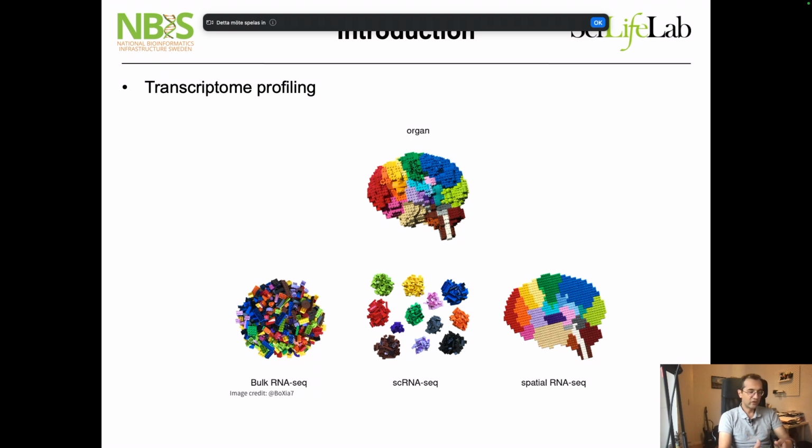We can either do bulk RNA-seq, where it's like a soup of different cells, and we try to explore the expression profile. Or we can go to single-cell resolution, where we specifically look into individual cells to understand their expression differences. We can also look at the expression spatially with spatial transcriptomic technologies. Then, in addition to the expression profile, you can also map at which region of tissue these are expressed.